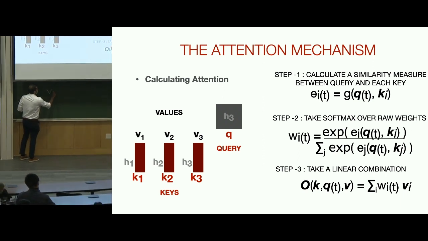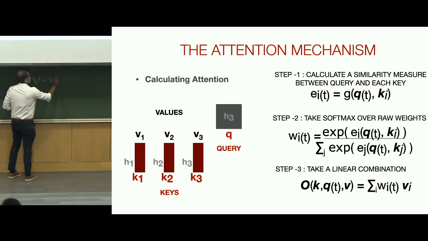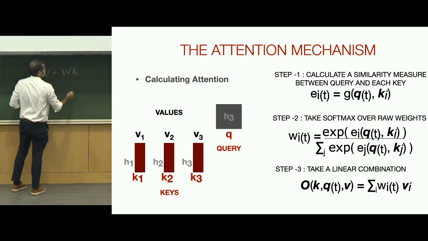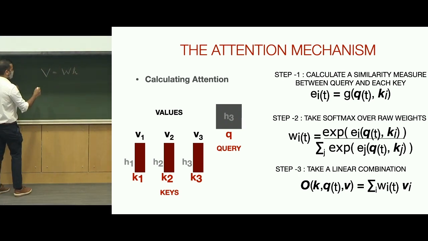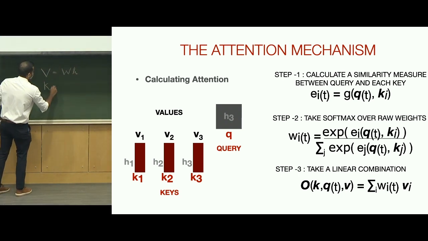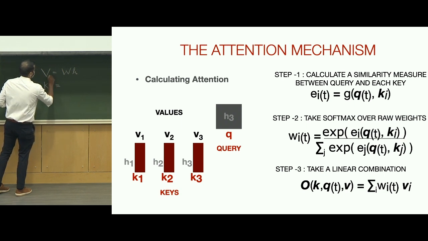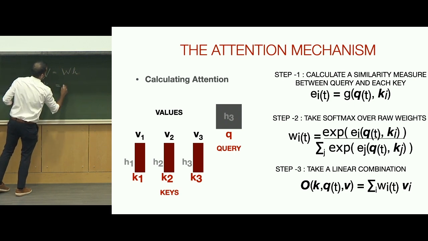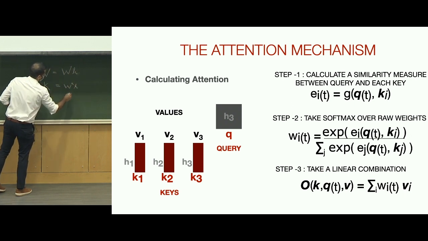So the set of values will be a linear transformation applied on the hidden states, and the set of keys will be as well.